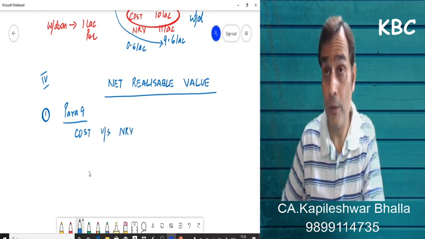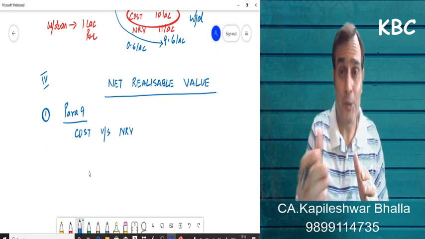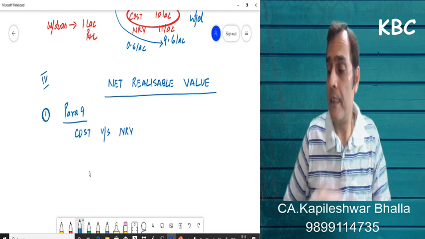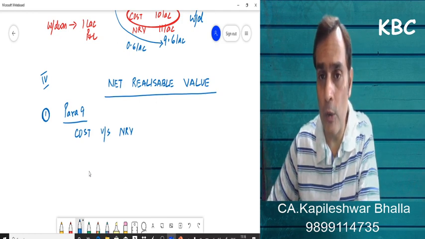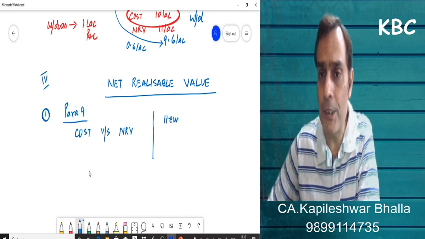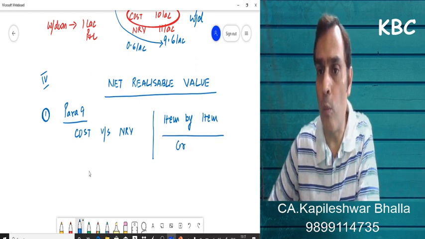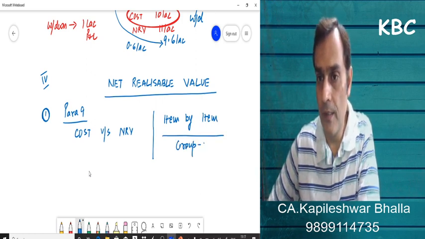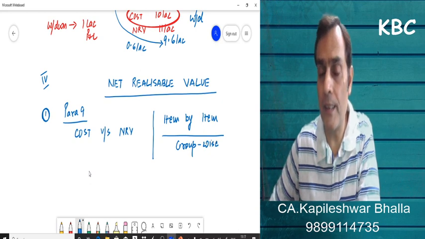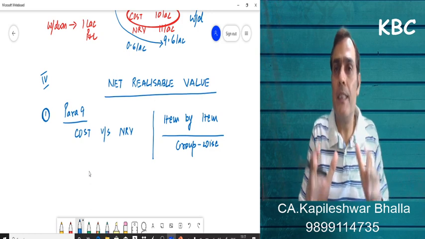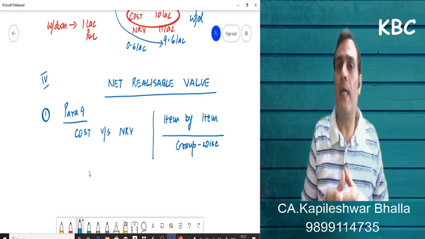No, I told you that you compare them, but I'm going to tell you something extra. When you compare the cost versus NRV in terms of para number 9, the question arises: do we make a comparison item by item, or do we make a comparison group wise? Do we compare item by item or can we group items as well?